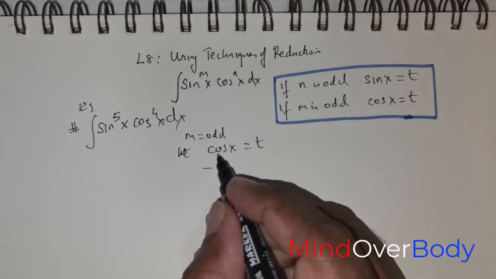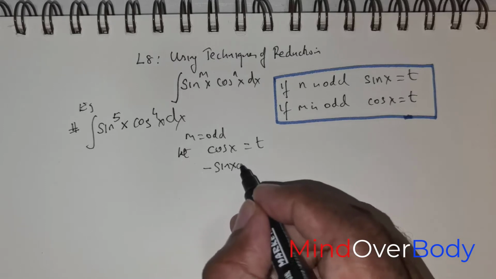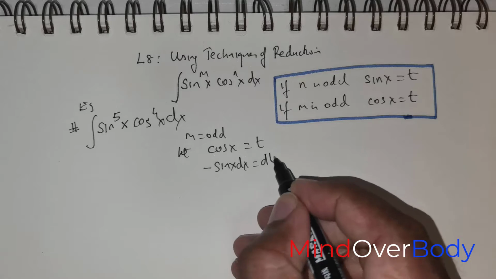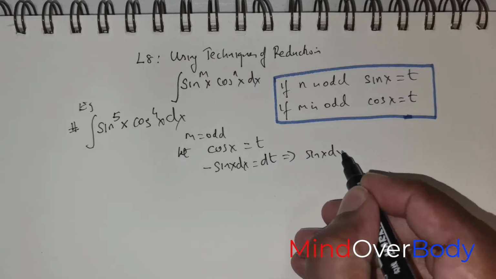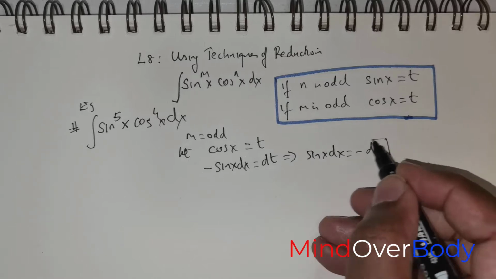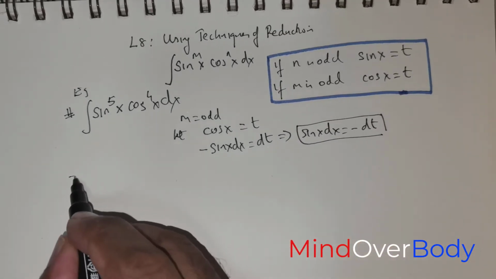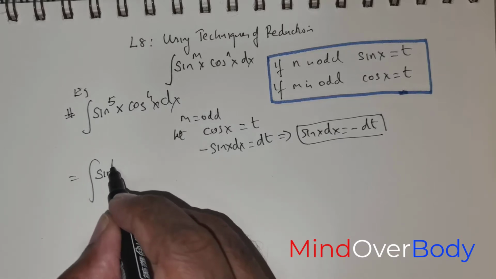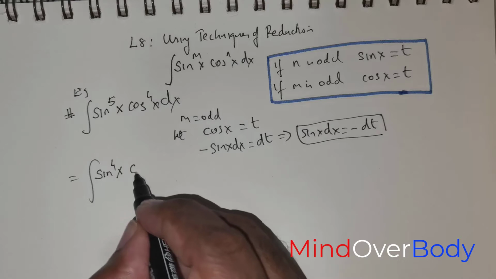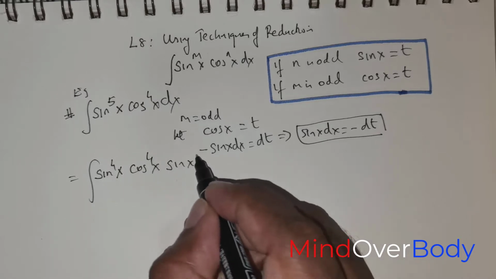Differentiating, I would have negative sin x times dx is equal to dt, which in turn means sin x dx is equal to negative dt. Now I would rewrite sine raised to the power of 5x as sine raised to the power of 4x times cos raised to the power of 4x times sin x dx.